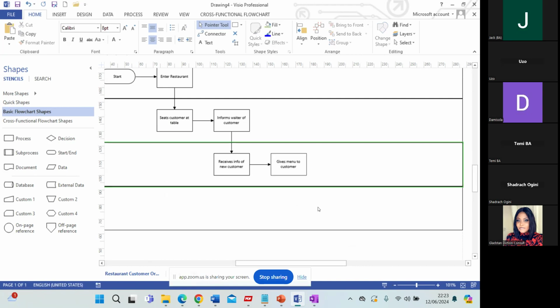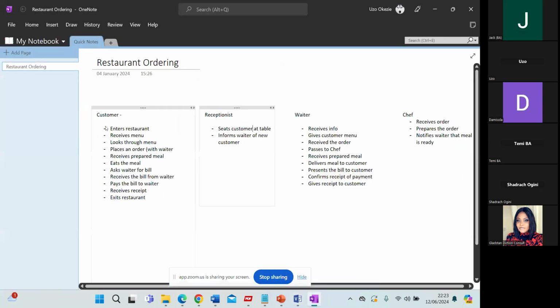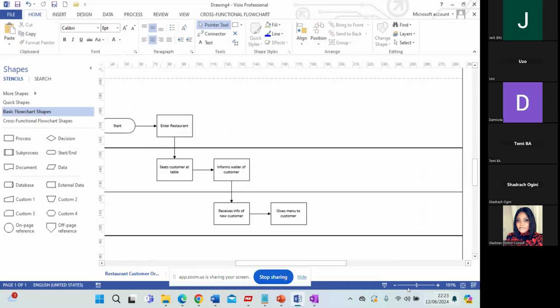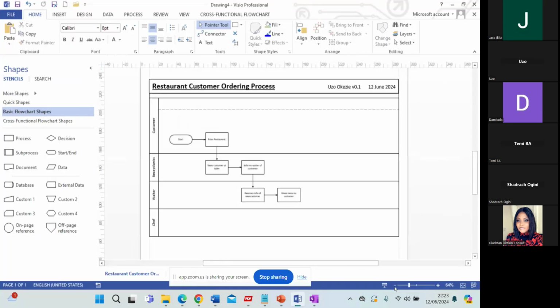Okay. The next task belongs to the customer, right? Yes. So that means that we need to go to the customer swim lane to put the next activity.